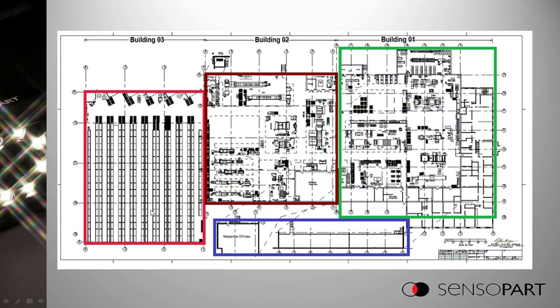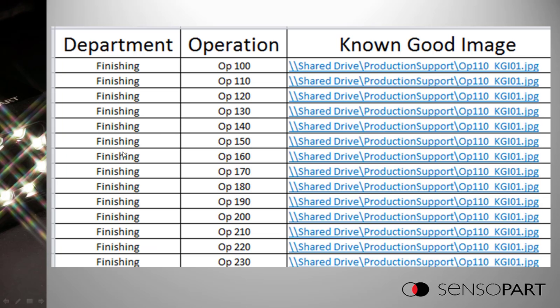And the HTML file is nothing magical. It's a boring text file, and it can reside anywhere on any shared drive, wherever you would log your reference images. When you click on each department, it'll go to something like this.